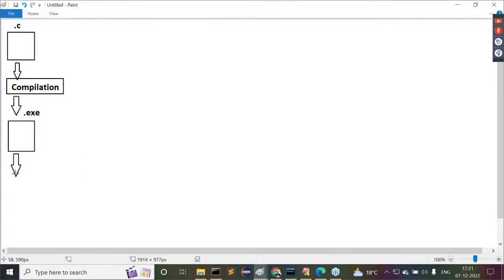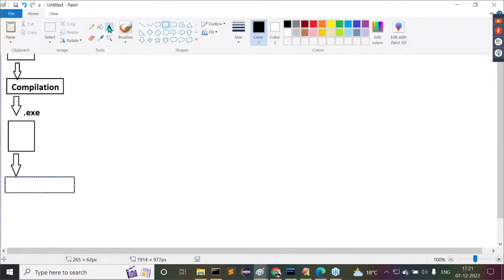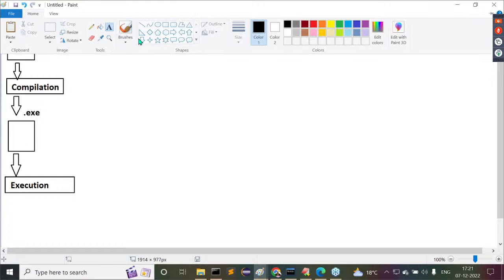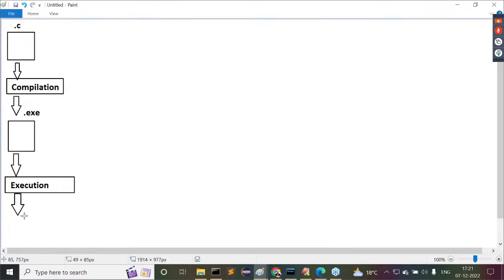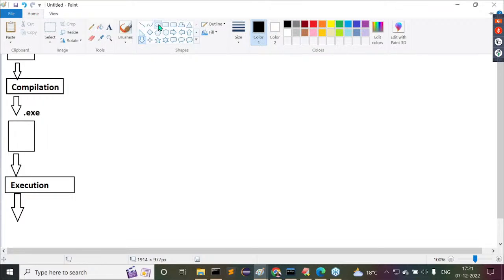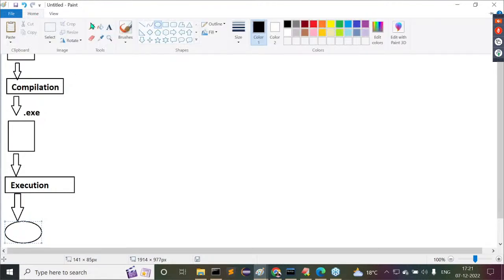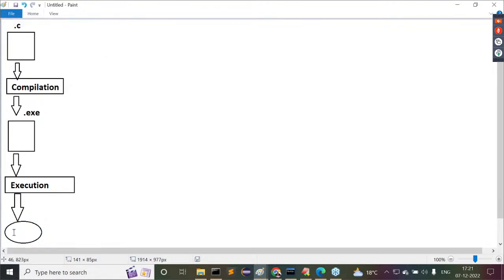There we have to go for execution. When we execute this program, we are able to get some outputs, some results. What I prepared previously, the same thing is provided here as output.